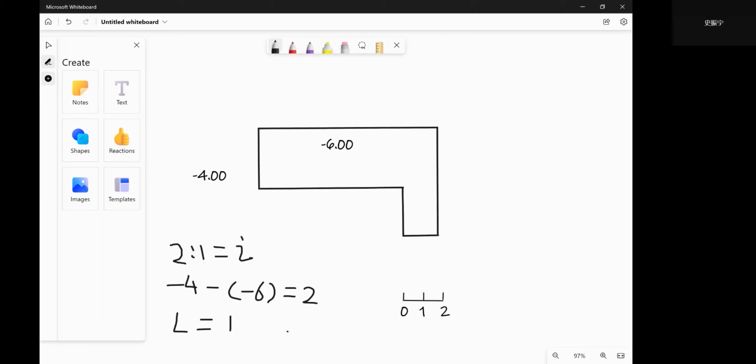So how can we measure a distance of 1? I have to use the line whose unit is 1, and then rotate. Now please look at this distance. This distance is 1.